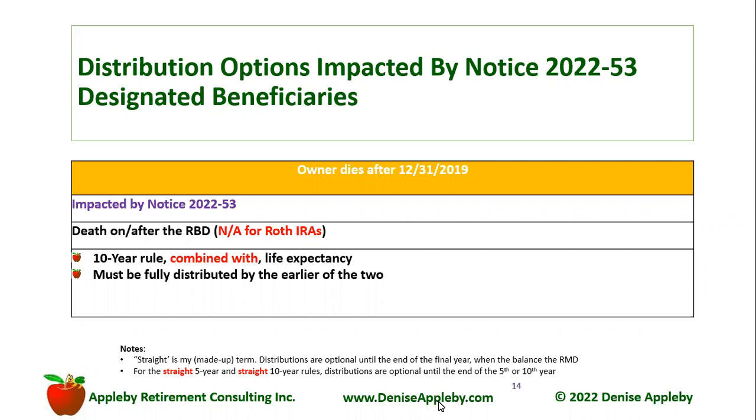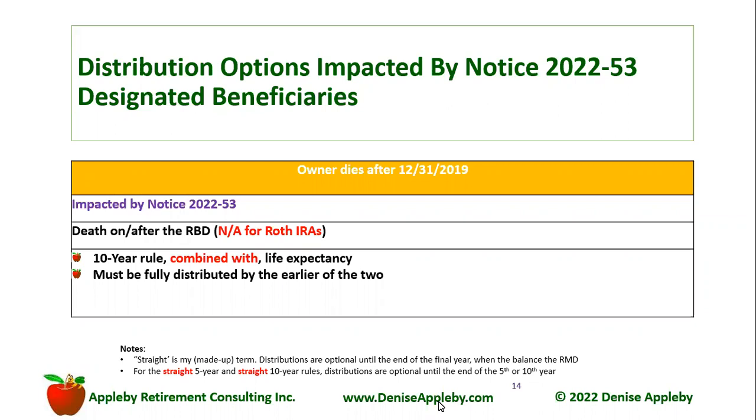But if the beneficiary dies in 2020 or after, the question becomes, was that beneficiary taking distributions over their life expectancy? If they were, then the successor beneficiary is subject to a 10-year rule, meaning they have to continue life expectancy distributions, and they can't do so for more than 10 years. If the original beneficiary had only, say, 5 years left, then that's all they have.